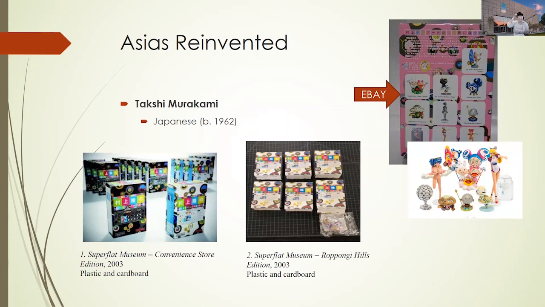You can see them on the right hand side. This is one I found on eBay. You can buy them on eBay, but you can also get them for auction on Christie's and, I forget what the other one was, but these major art auction houses sell them as well.